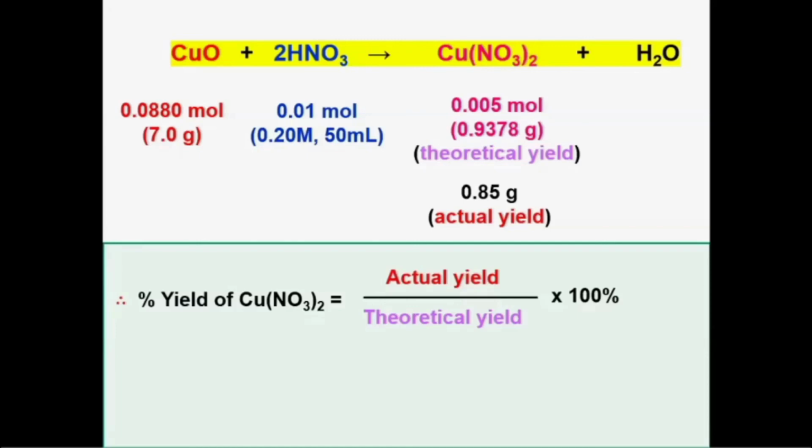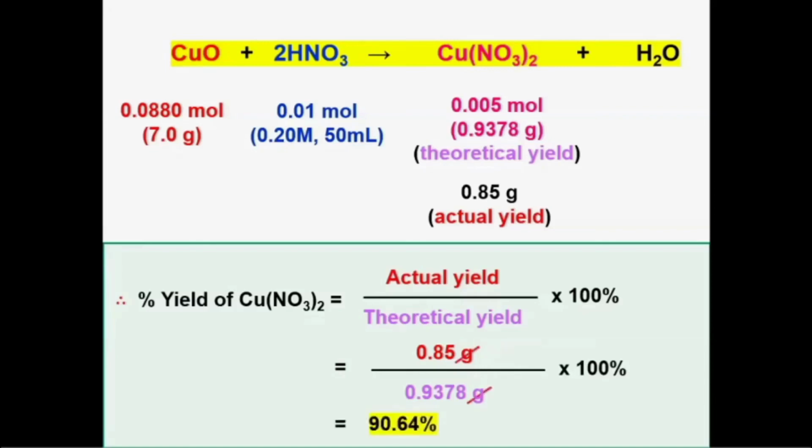So the actual yield is 0.85 grams, divided by 0.9378 grams, times 100%, and we are going to get 90.64%. And that is the percentage yield of copper nitrate, just 90.64%. So that is how we calculate percentage yield.